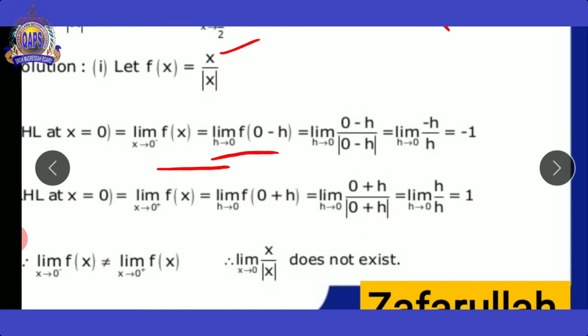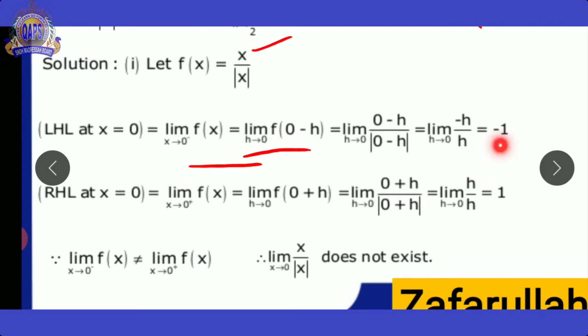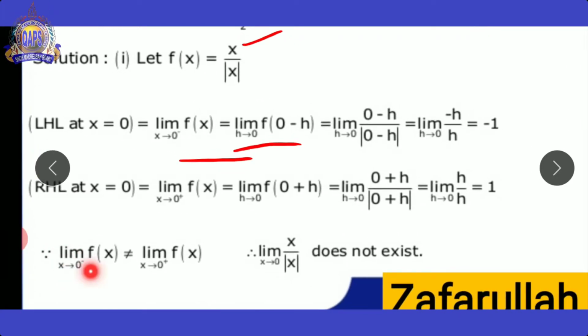Now 0 and 0 will be cancelled, h is remaining. In the modulus function h is positive, so the same positive h cancels, and the result will become positive 1. In the left hand limit the outcome is -1, and in the right hand limit the result is positive. See here, the value of the left hand limit and the result of the right hand limit are not equal to each other.